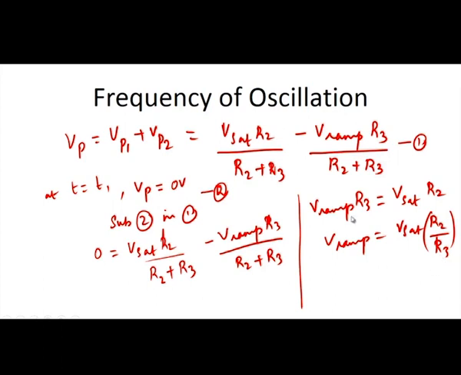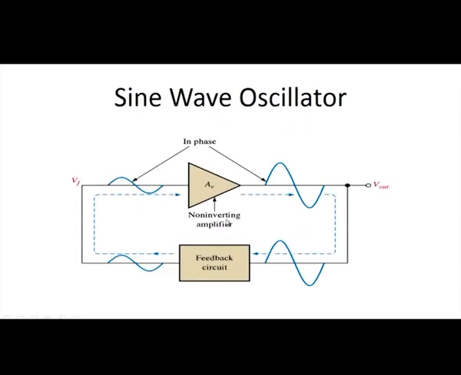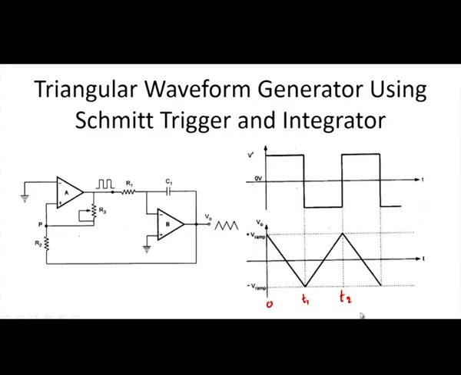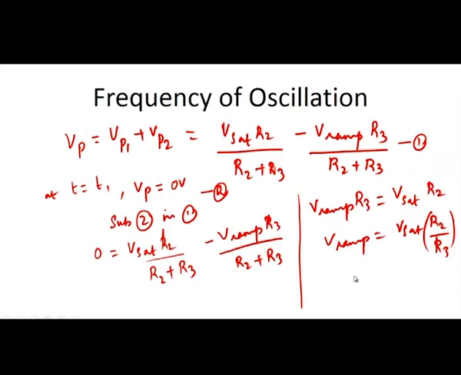So, this is the ramp, this is the value of the voltage at the output of the integrator for the time period T is equal to T1. Similarly, when you look at these waveforms during the time period from T1 to T2, the magnitude of V ramp will be V saturation into R2 by R3.